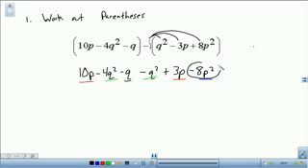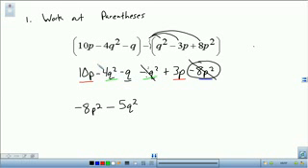Notice I take the negative sign with it when I move it. So I'm going to write it first. Negative 8p squared, and since I've used it, I'm going to cross it out. And now I have minus 4q squared and minus q squared. That's negative 4 minus 1. Negative 4 minus 1 is negative 5q squared.